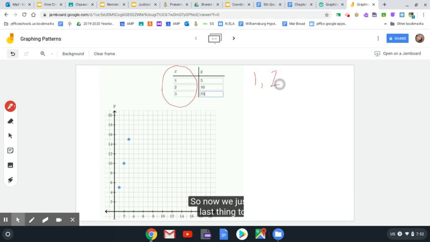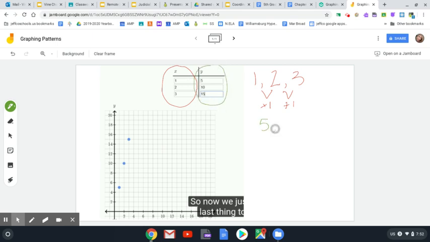So 1, 2, 3, and we can see it adds 1 each time. Plus 1, plus 1.